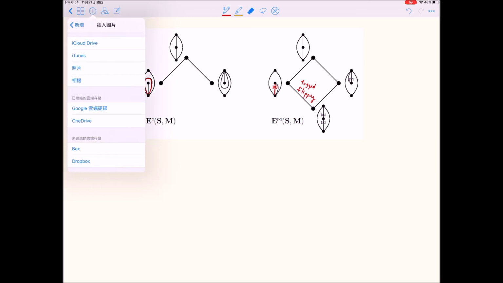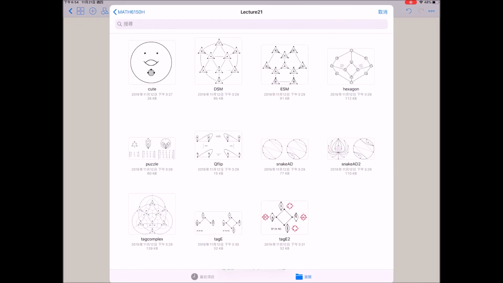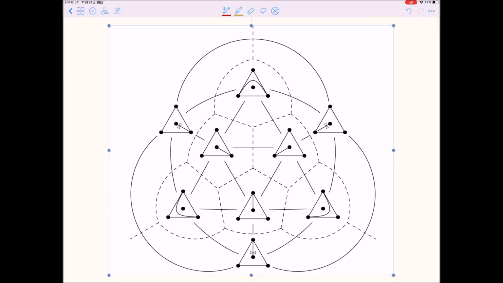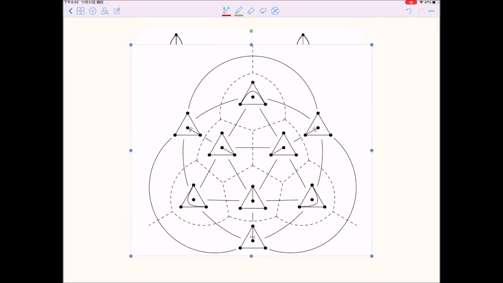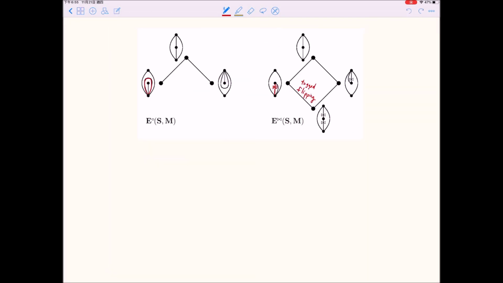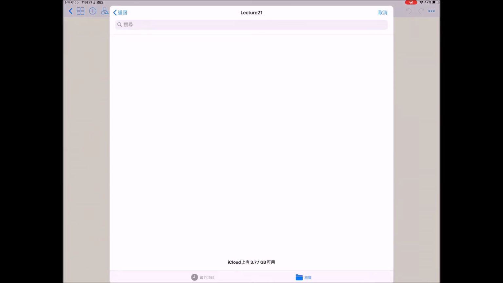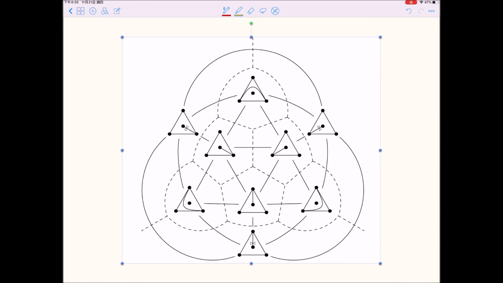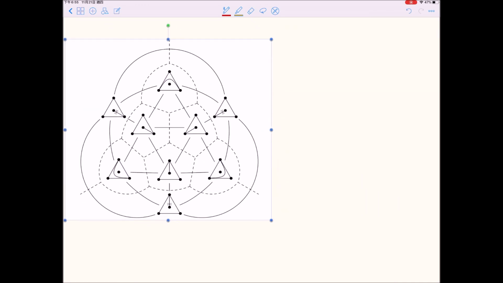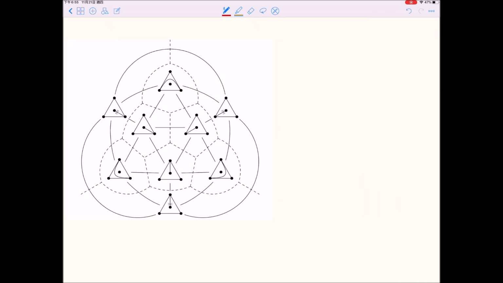And another example extending the previous picture. So this is our previous picture. And now you can see that previously we were only bounded by this collection.